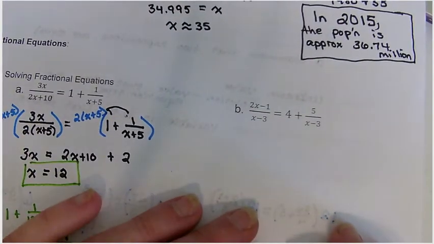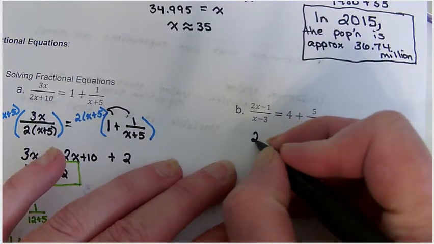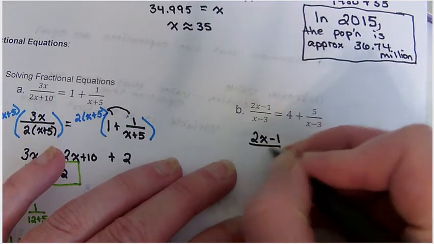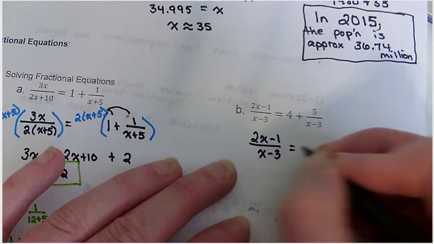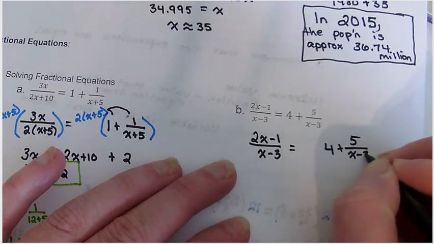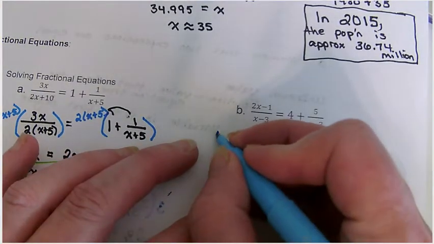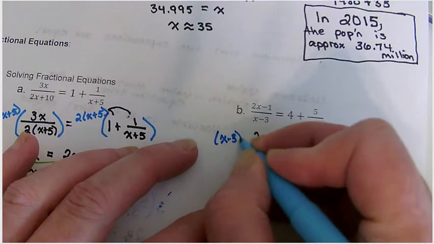Okay. What's the least common denominator for the next one? Well, this one's really nice. It gave us x minus 3 and an x minus 3. So my common denominator is just an x minus 3.